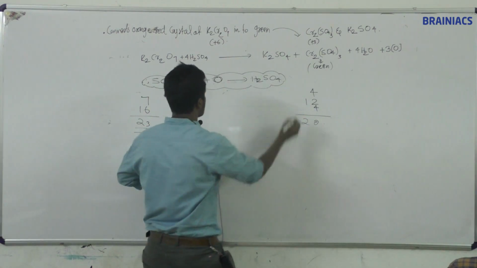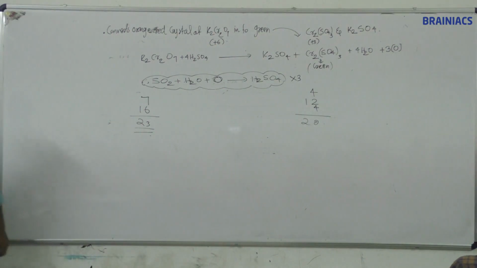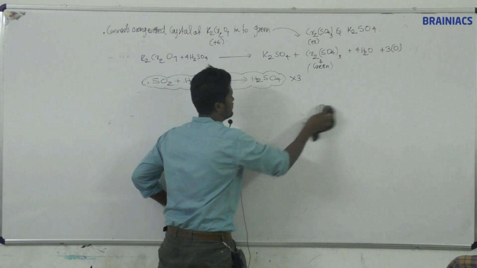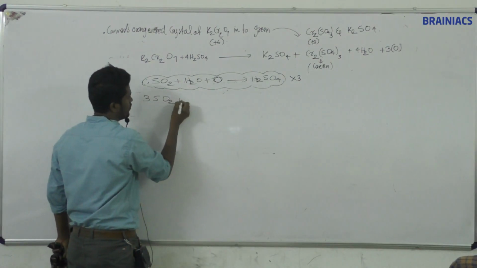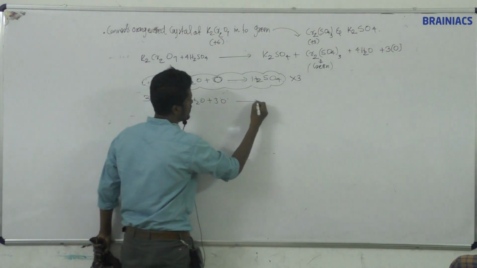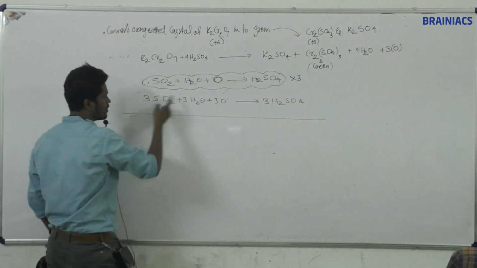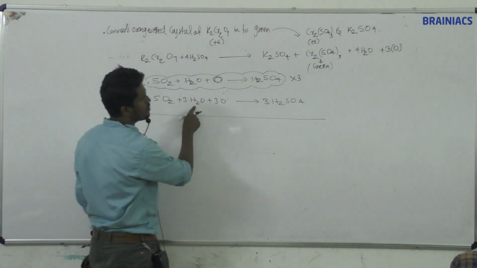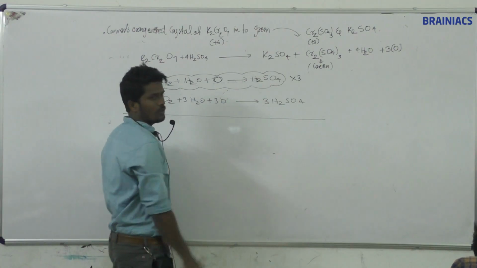So this reaction is multiplied by 3. What will the equation be? 3 SO2 plus 3 H2O plus 3 [O] gives 3 H2SO4. The 3 [O] from both sides cancel. There are 3 H2O here and 4 H2O there, so 3 and 3 cancel and there will be 1 H2O.